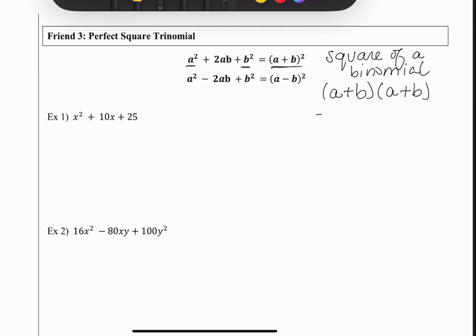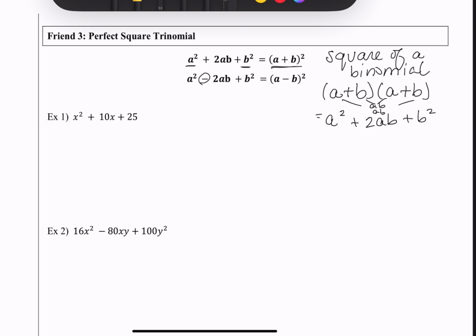And yeah, the first terms gave us a squared, but remember you got inners and outers, both of which were a times b, which meant that you had a middle term of twice a times b. And then your last terms were b squared. And then the same would be true if you had a negative middle term. Then you would just have the square of a binomial that was a difference of two terms.